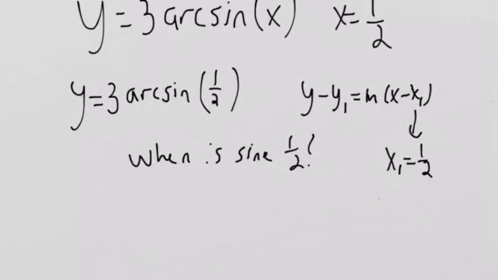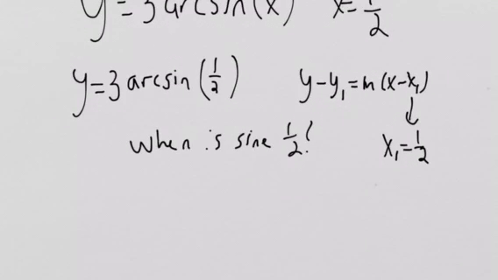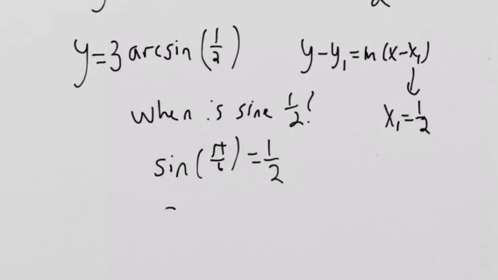So we just need to go back to our unit circle and remember that sine of pi over 6 is equal to 1/2. So then that means that arcsine of 1/2 is equal to pi over 6.